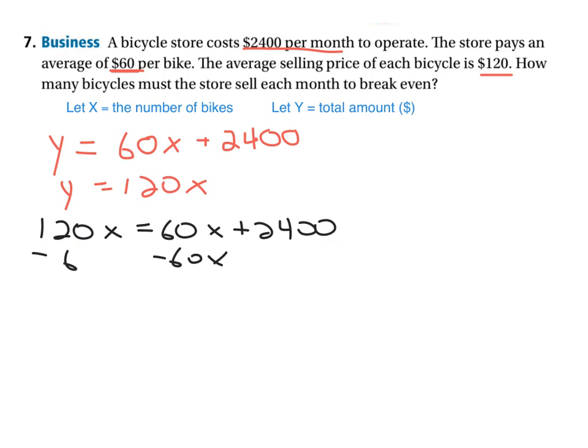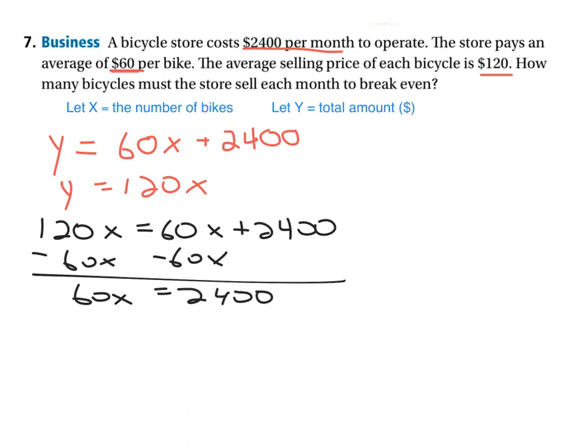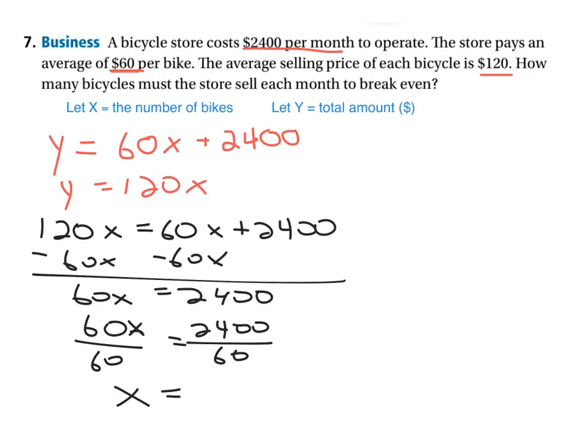Subtracting 60x from both sides, you get 60x equals 2,400, and dividing both by 60, you get x equals 40.